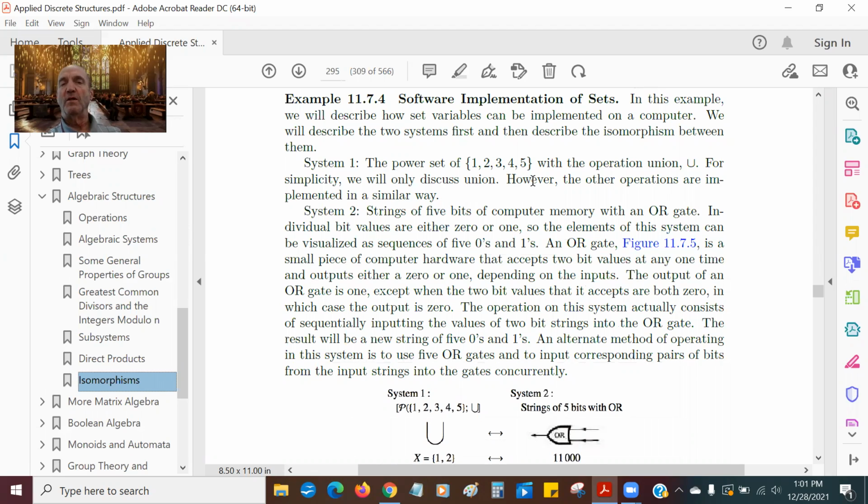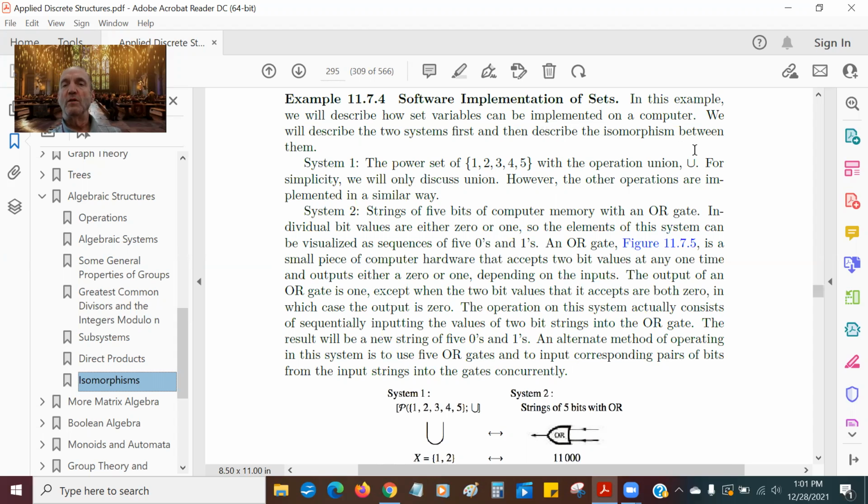Now, power set, just to remind you, means the set of all subsets of 1, 2, 3, 4, 5. And if you recall, there are 32 such subsets, including the empty set and the set 1, 2, 3, 4, 5 itself. Anyway, the operation between these subsets is going to be the operation of union.